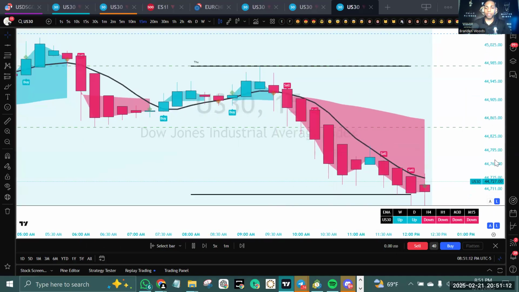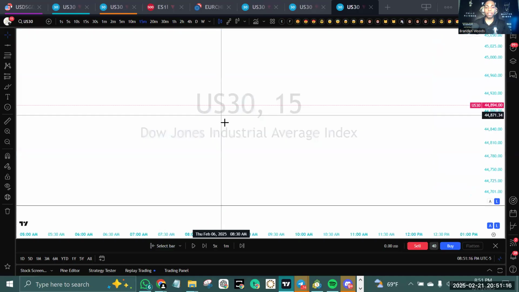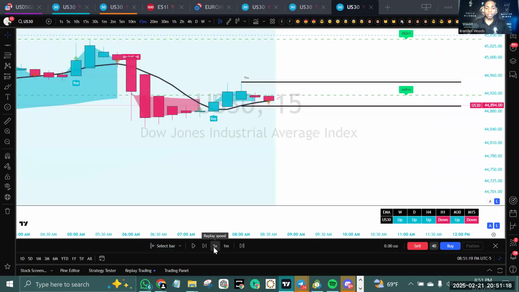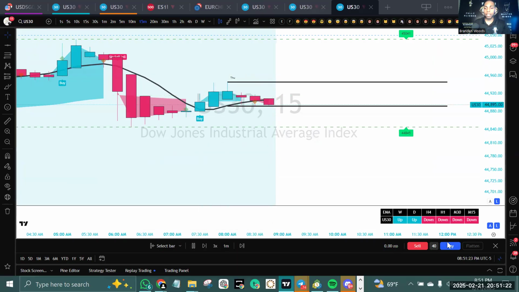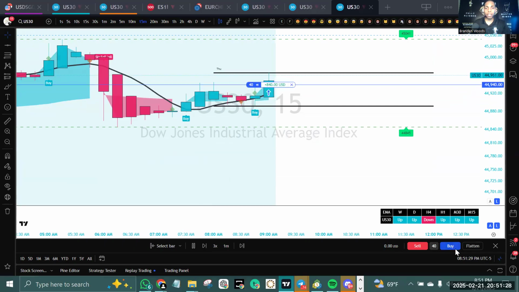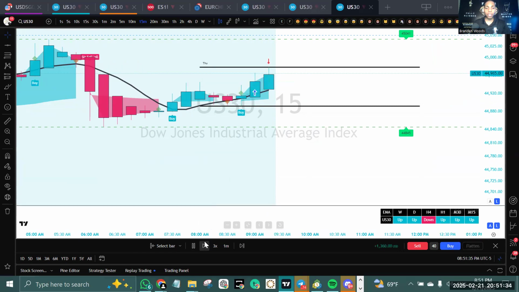Inside of it. So normally I would just tell you guys, hey, look, just play on the 15. The 15 is going to give you plenty of opportunities, and that's what you're looking for. You want to get in, have a little low drawdown, and get to where you're trying to go. So here's the buy. You see it went up 800, 900 right there. You can take that, 1400. Great.